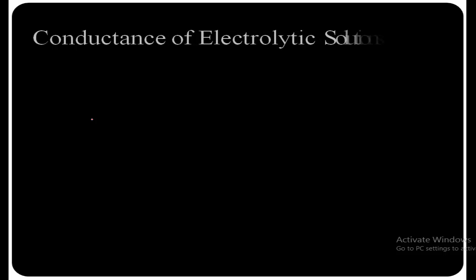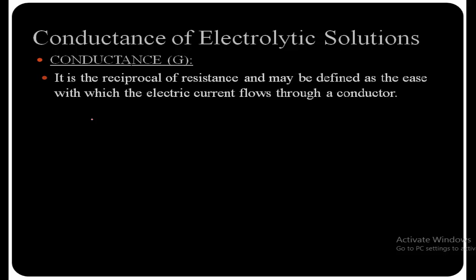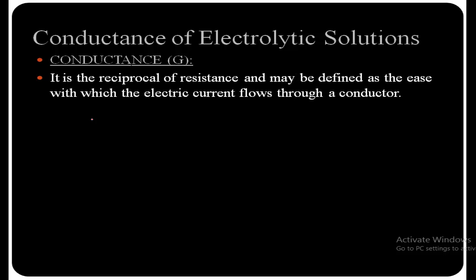Now, conductance of electrolytic solutions. How do the electrolytic solutions conduct electricity, and how we can measure the conductance of those solutions, that we will study. So first, you should know what conductance means. Conductance is denoted by G, and it is the reciprocal of resistance and defined as the ease with which the electric current flows through a conductor.